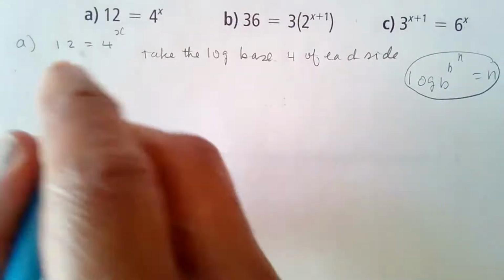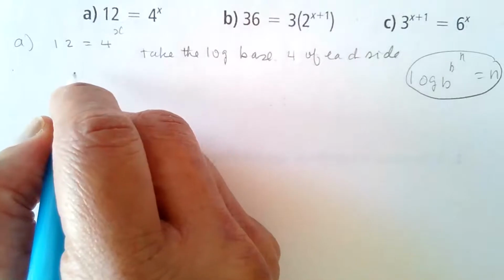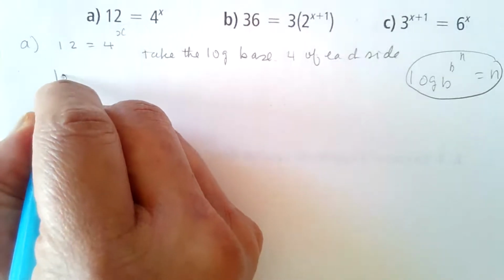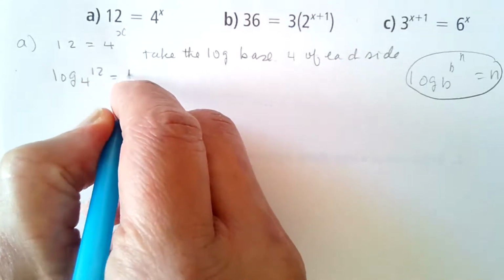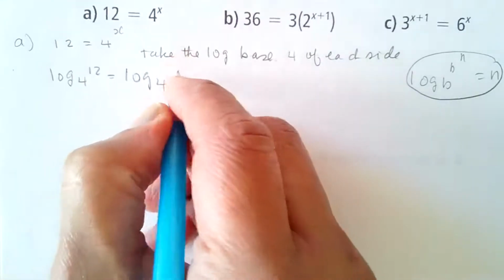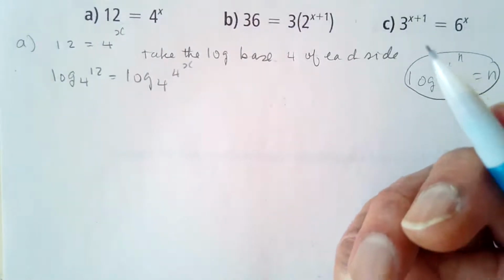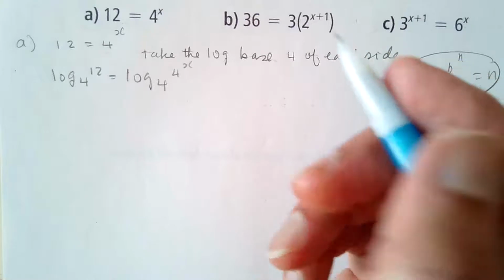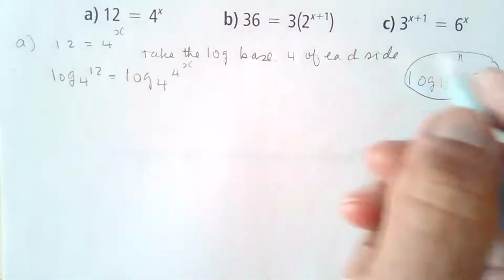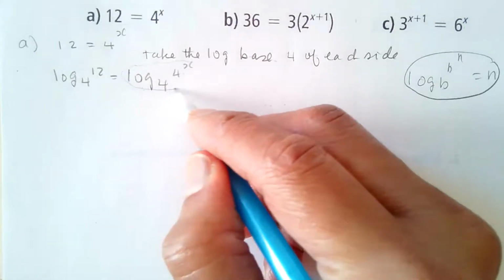We have here now log base 4 of 12 is equal to log base 4 of 4 to the power x. Know this, right? Now this entire side becomes x.